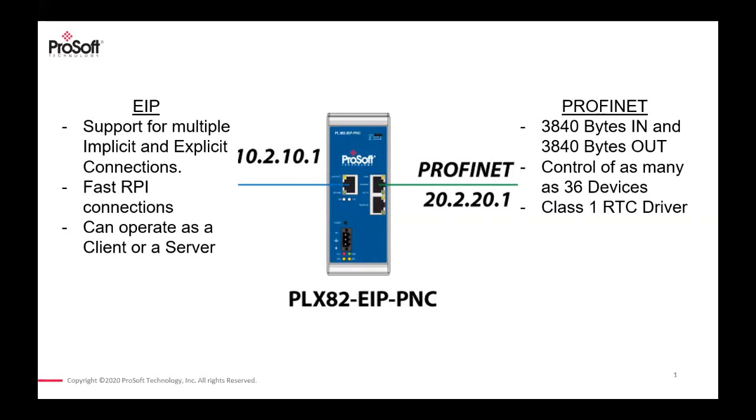It also has to support class 1 RTC driver because the devices support class 1 RTC driver. As an added bonus, it gives them that physical segregation where they can literally separate their EtherNet IP network from their PROFINET network. With EtherNet IP clients on the higher level, for Jane the roles are going to be reversed. Now on the higher level, you actually have PROFINET controllers.